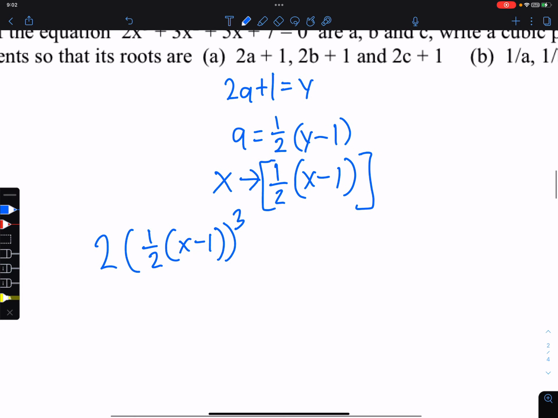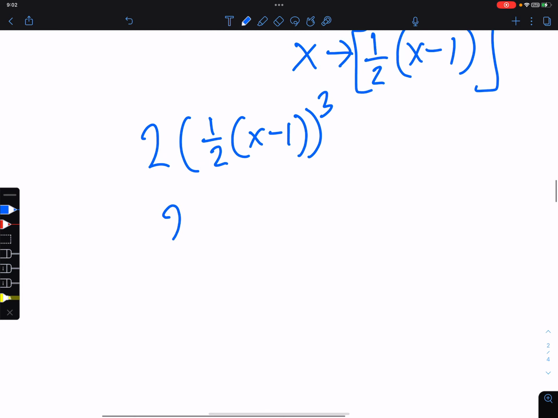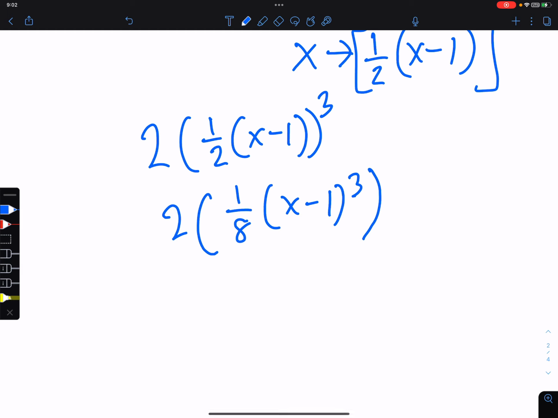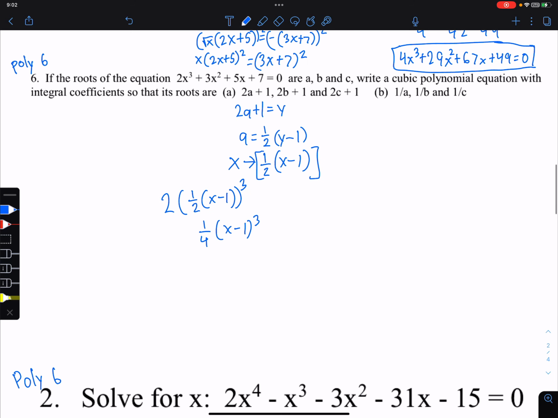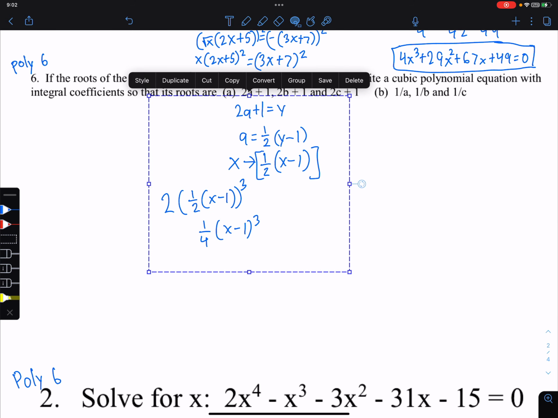So yeah. So this would become 2 times 1 over 8 times x minus 1 cubed, right? And then we can make this 1 over 4 and stuff like that. So yeah, you'll just have to keep going on doing that through all.